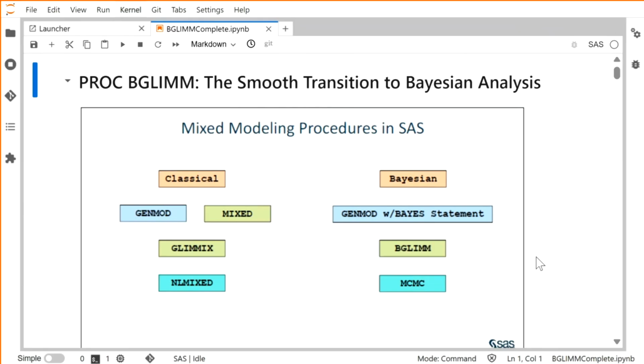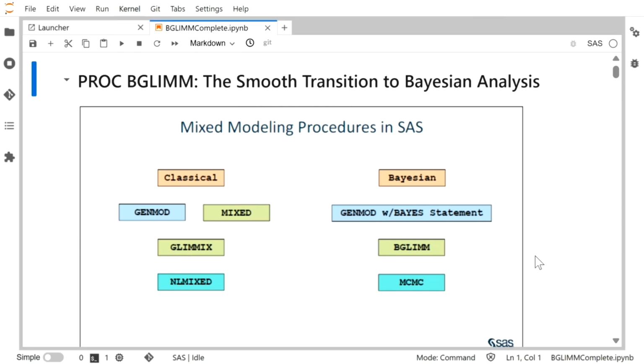So you're here to learn about Bayesian analysis. Specifically, you're here to learn about the BGLIMM procedure. And the BGLIMM procedure is what I have been calling the smooth transition to the Bayesian world. Now, you have to realize Bayesian analysis has been around since the 18th century, thanks to the Presbyterian minister, Reverend Thomas Bayes.